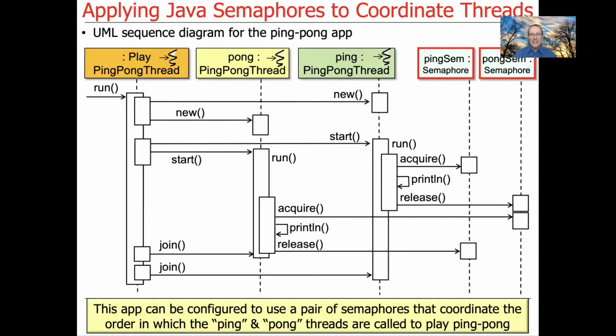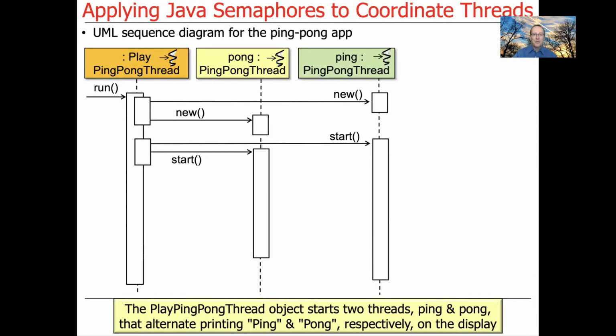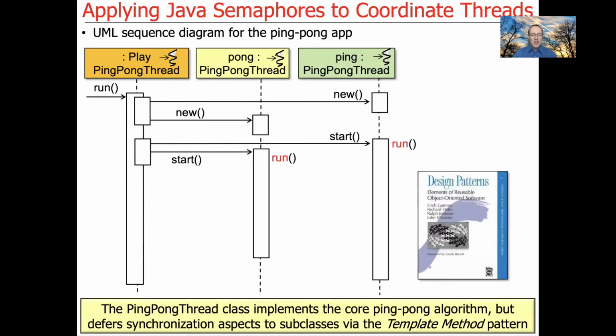You can see on the interaction diagram, or the sequence diagram, we have a ping semaphore and a pong semaphore. The way this works is we start off something called the play ping pong thread, and that will then itself start two other threads, a ping thread and a pong thread, and they're the ones that will alternate printing ping and pong. Here's what it looks like under the hood.